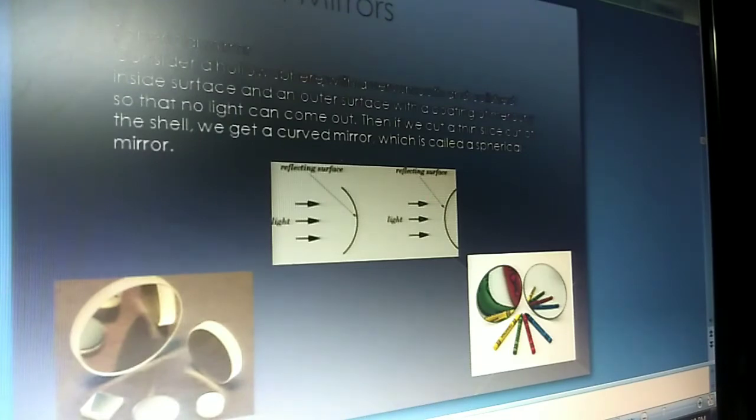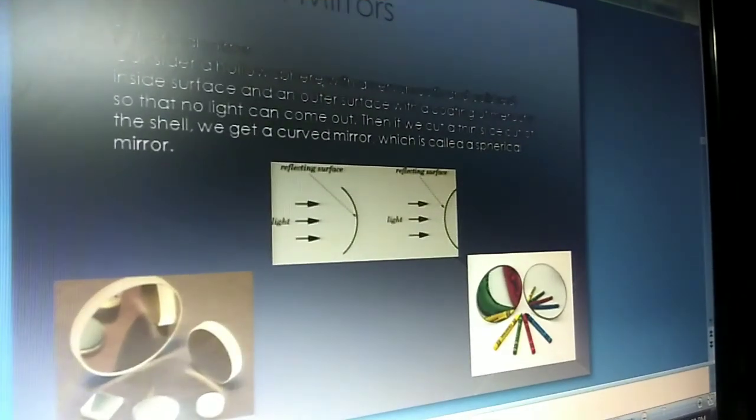If the reflector surface is inward, it is called a concave mirror, and if it is bulged out, it is called a convex mirror. Conveniently, we call these spherical mirrors curved mirrors, because when you slice this shell, it becomes a curve. So the curved mirror is also known as the spherical mirror.